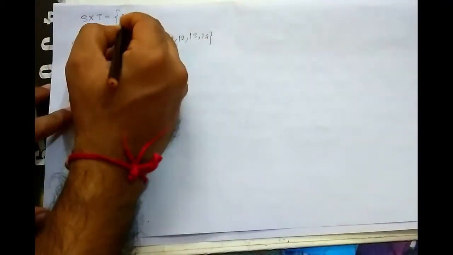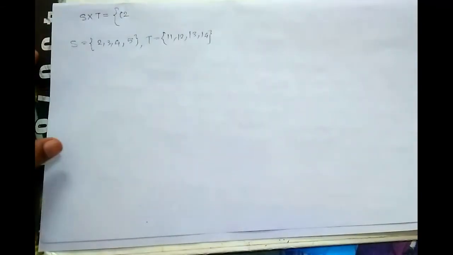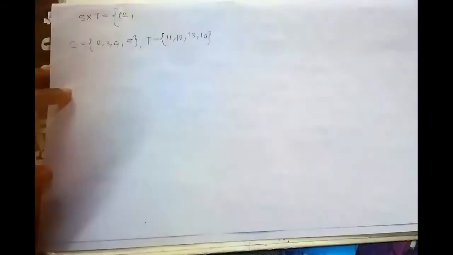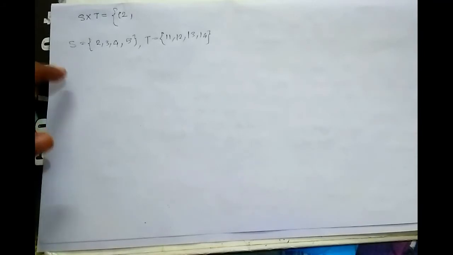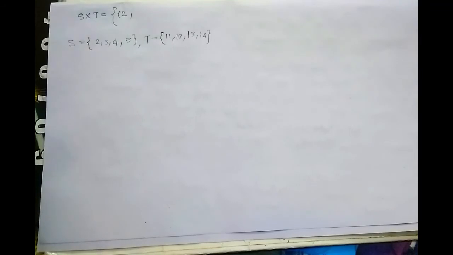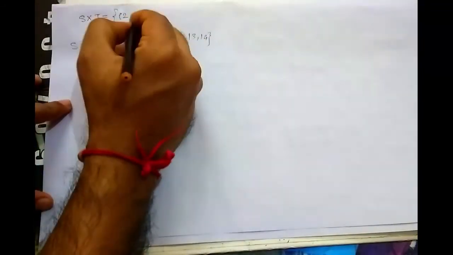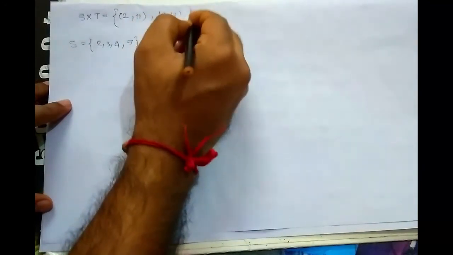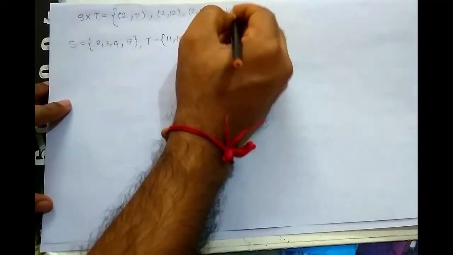In the place of the first component I am writing the element 2, and the possible ordered pairs having 2 as a first component are (2, 11), (2, 12), (2, 13) and (2, 14).